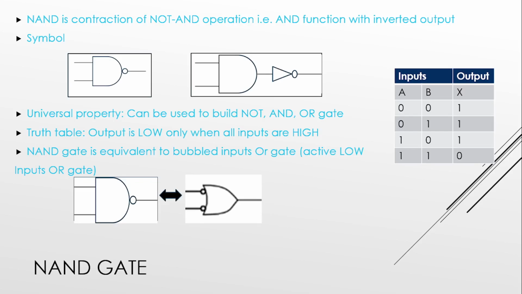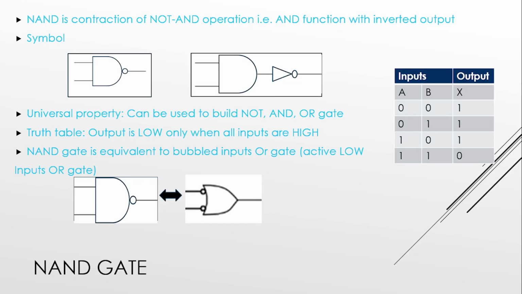Again, exclusive OR gate has only two inputs. So we have seen that NOT gate has only one input, while remaining all gates, that is AND gate, OR gate, NAND gate, NOR gate, they have two or more inputs. But it is the XOR gate which has only two inputs, not one or more than two. So it has only two inputs and one output.